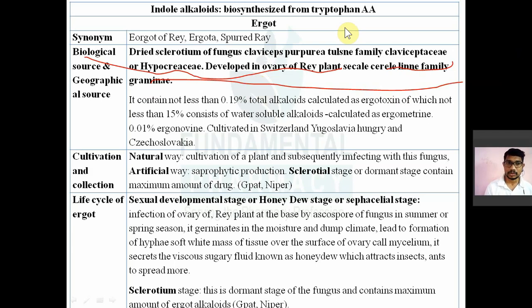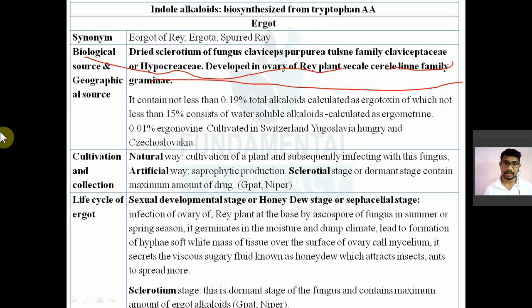So this Claviceps purpurea is the name of the fungus which infects the rice plant, and that Claviceps fungus belongs to family Clavicipitaceae. Okay, and the infected rye plant is known as Secale cereale, family Gramineae. So that is nothing but the ergot. It is not a part of any plant. It is nothing but the infected ovary of the rye plant with the fungus Claviceps.